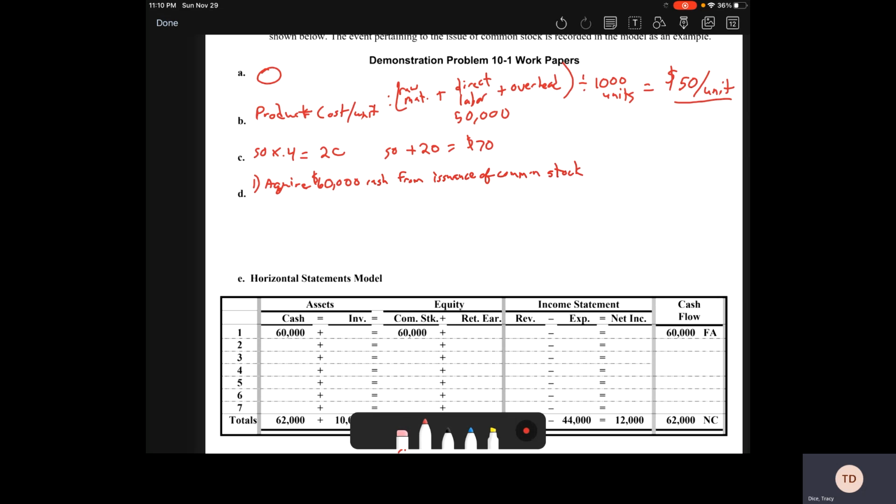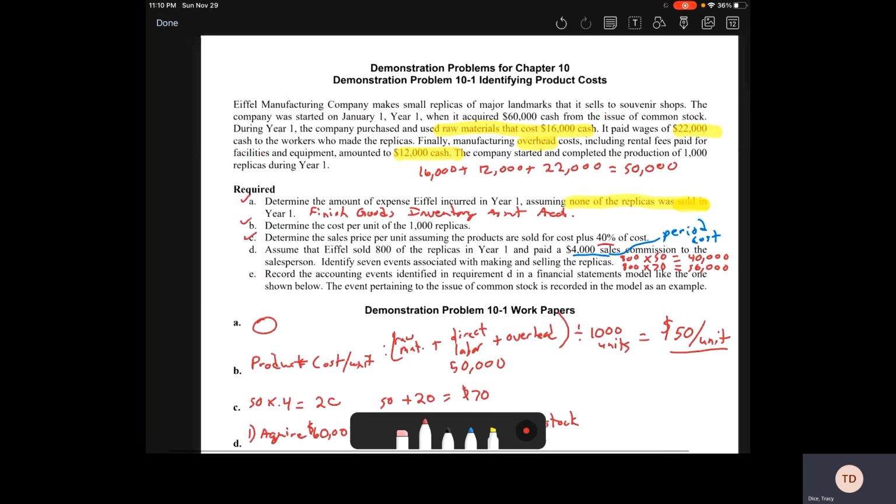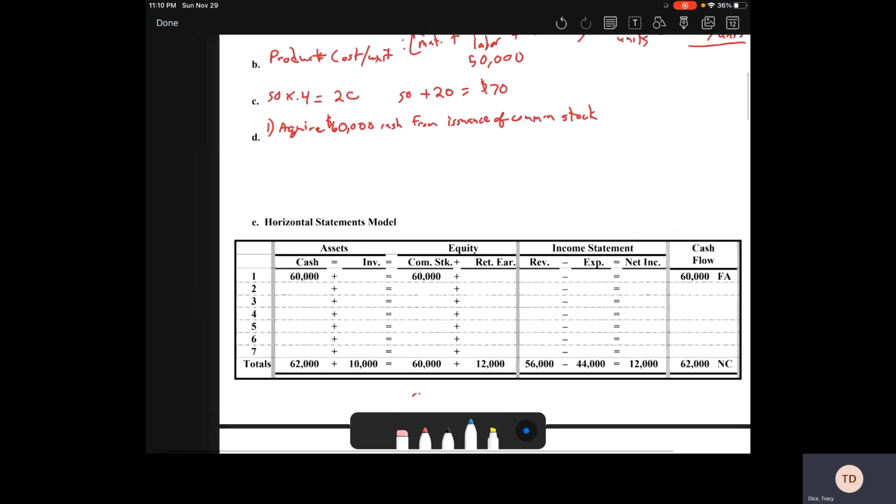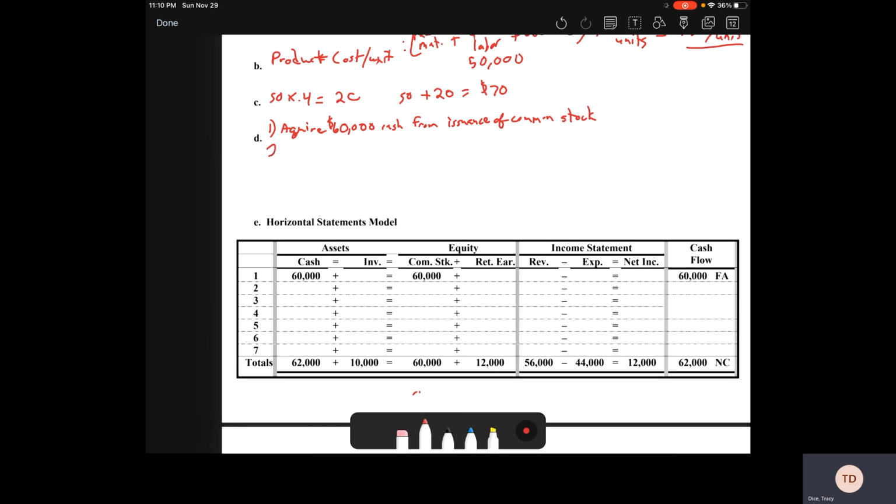All right, so that was the first thing. Now let's come back up here. I'm going to just cross things out. So we acquire the 60,000, we're done with that. We purchased and used raw materials of $16,000. All right, so that's $16,000 cash. So that's our number 2.